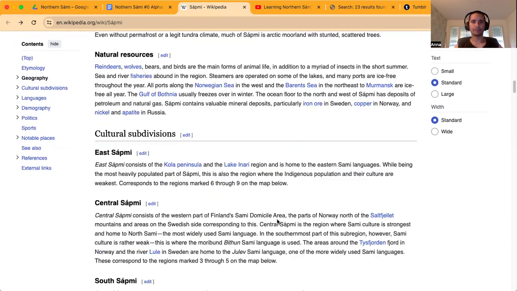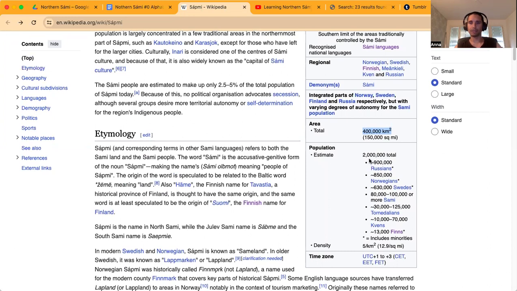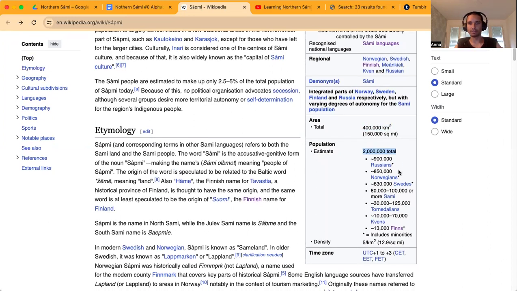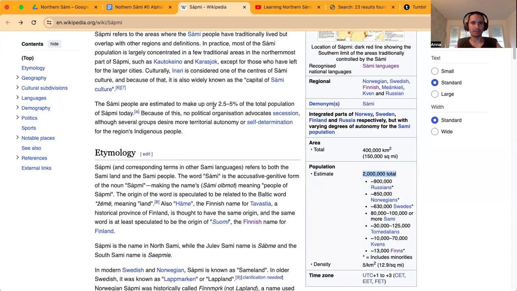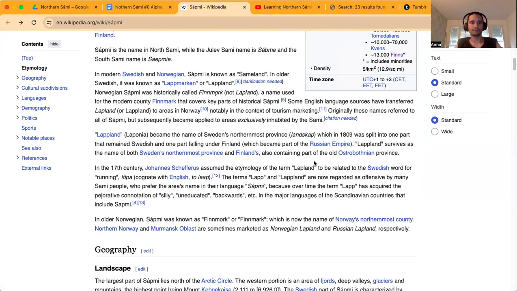And let's see. The area is around 400,000 square kilometers. And the population in this area is 2 million, but a small percentage, you can see here, only 2.5 to 5% of the total population of Sápmi are Sámi people, because most of them are, like you can see here, Russians, Norwegians, Swedes, Finns.